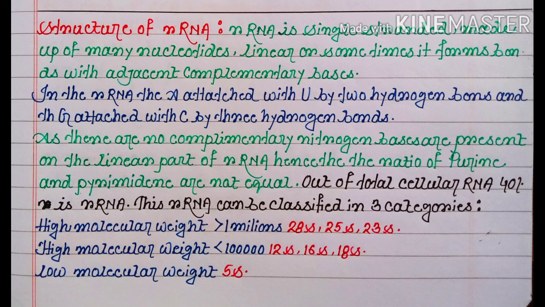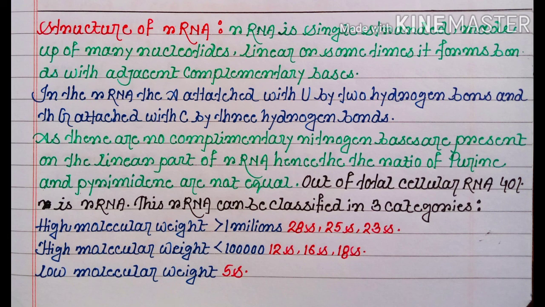In the rRNA, adenine attaches with uracil by 2 hydrogen bonds and guanine attaches with cytosine by 3 hydrogen bonds. As there are no complementary nitrogen bases present on the linear part of rRNA, the ratio of purine and pyrimidine is not equal.